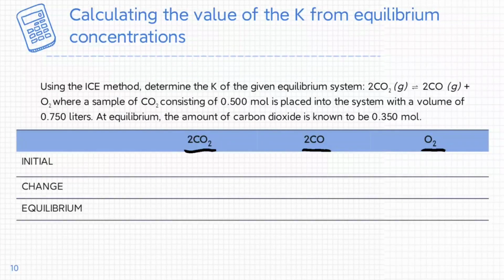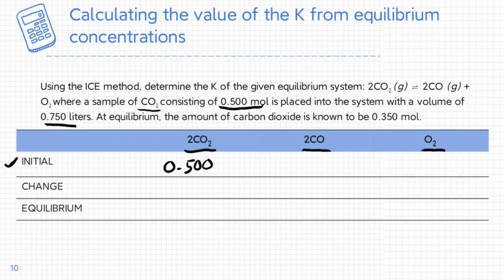Now, the next step is assess sino-sino yung mga present during the initial. Okay? So, if we go back to the problem, where a sample consisting of 0.500 mole of carbon dioxide. So, meron kang initially, you have 0.500 moles of carbon dioxide placed into a system with a volume of 0.750 liters.